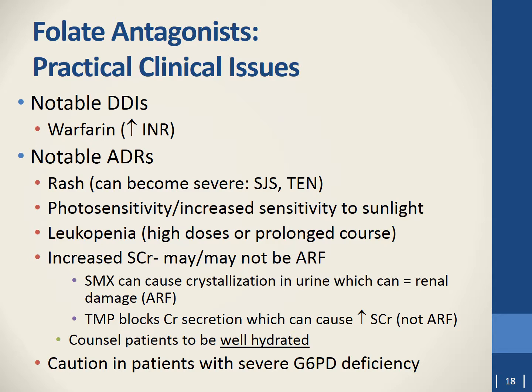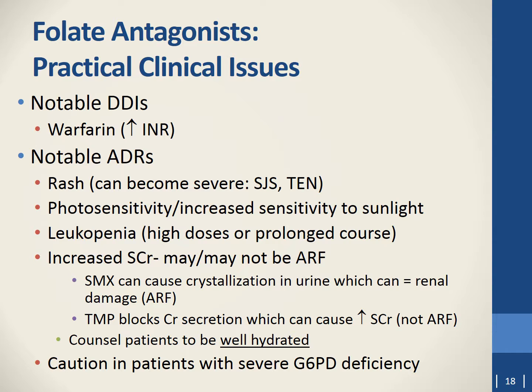However, the trimethoprim component actually blocks creatinine secretion, so that can cause an increased serum creatinine, which is not acute renal failure. What we want patients to do on these drugs is to be very well hydrated, so emphasizing adequate water intake and avoiding beverages that can be dehydrating.